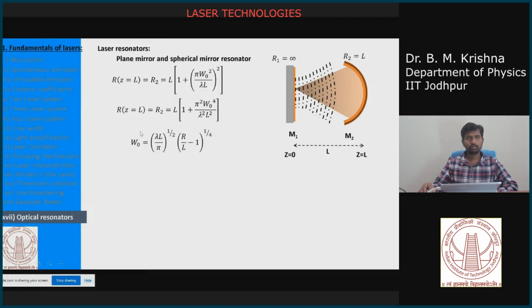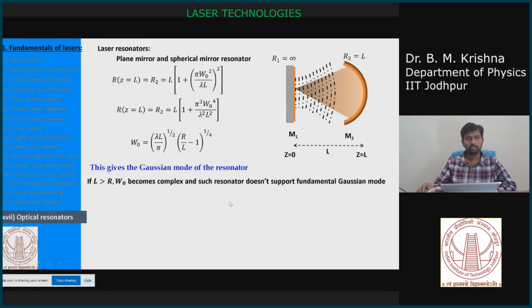So if you solve this one, you will get W naught equals (lambda L by pi) whole power 1 by 2, times (R by L minus 1) whole power 1 by 4. This gives the Gaussian mode of the resonator. So now we know the spot size of our Gaussian beam, the Gaussian mode spot size, because we are calculating for the Gaussian mode.